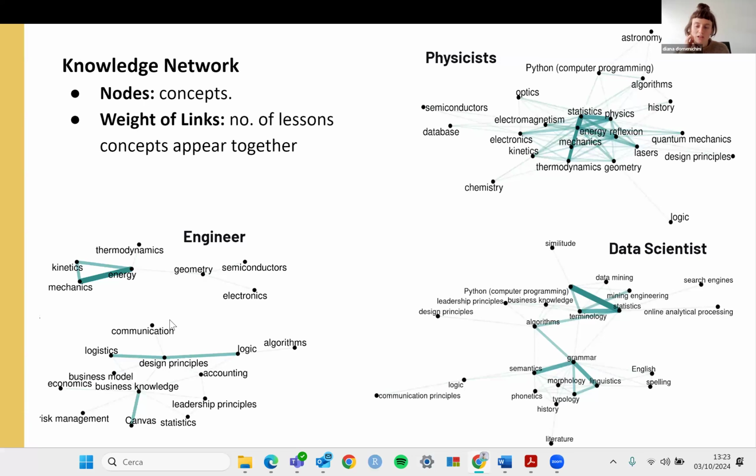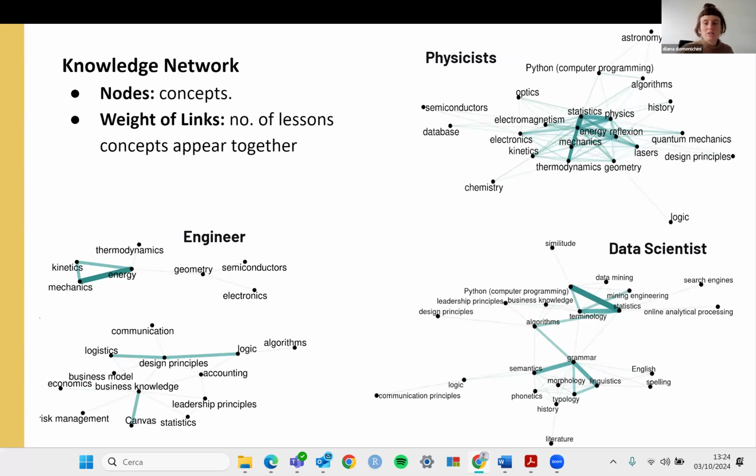We can see that this can be very helpful for a teacher or an instructional designer to understand the knowledge of their students, but also how the knowledge of the students is organized. So you can identify the gaps in the knowledge and understand how to personalize instruction.